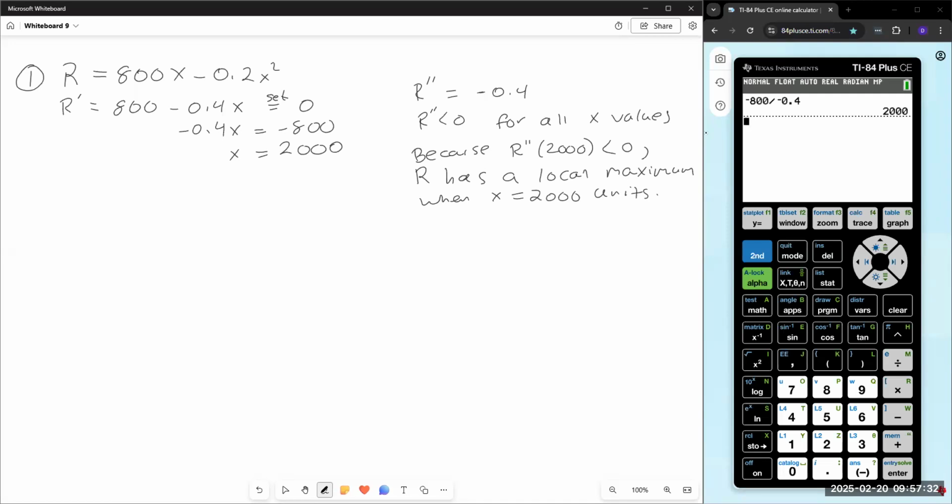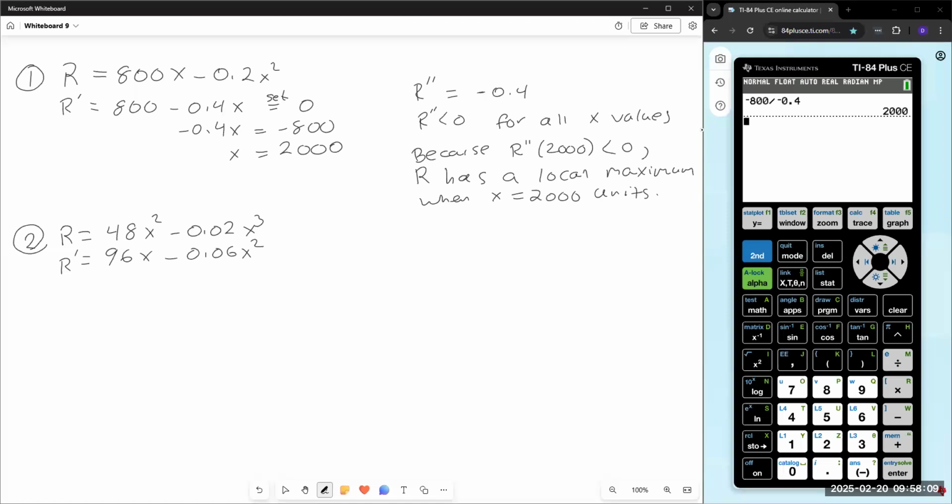All right, let's look at our next problem, number 2. Number 2 says R is equal to 48x squared minus 0.02x to the third. So that makes R prime equal to 96x minus 0.06x squared.